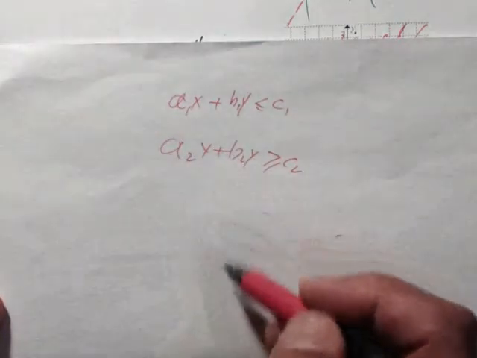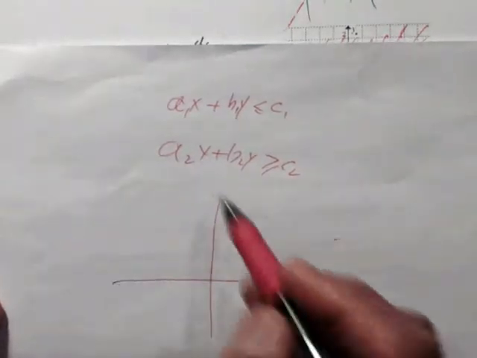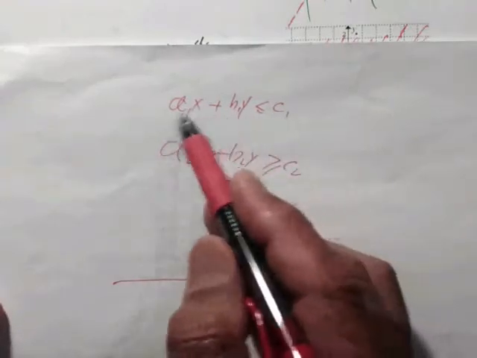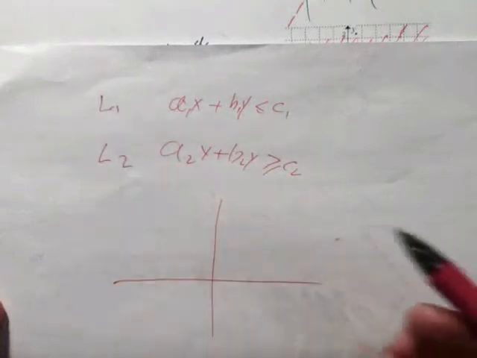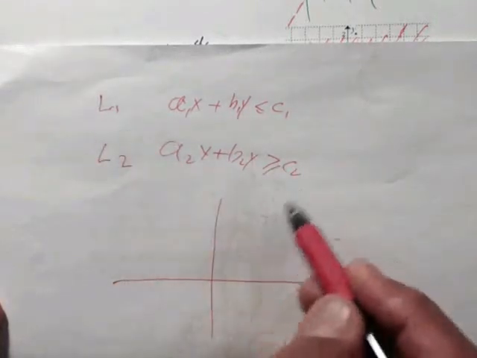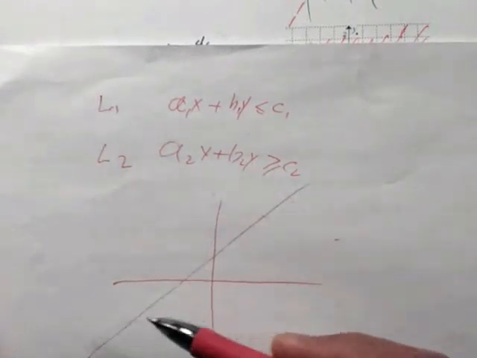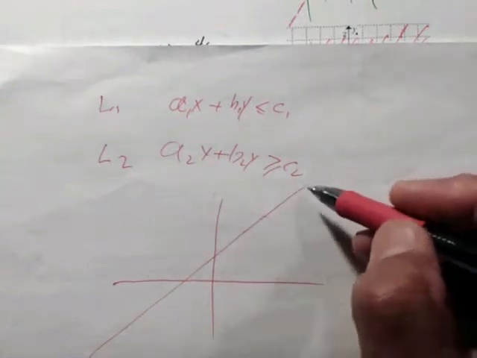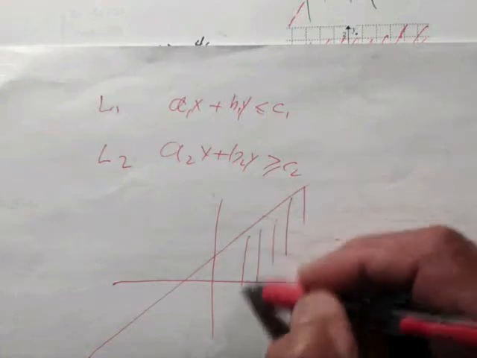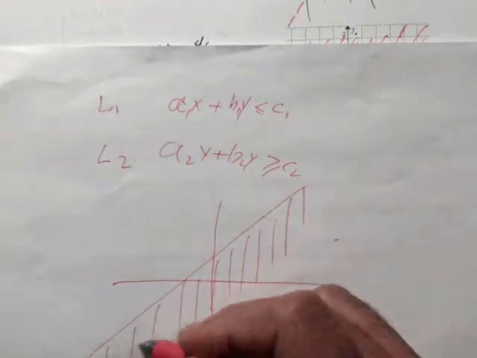So what we do is solve each one separately. If I call this one L1 and this one L2, then I graph L1, I get a line like that, let's say. For this line, I happen to have this side as the solution, for the sake of discussion.